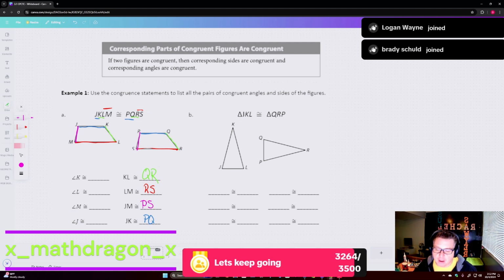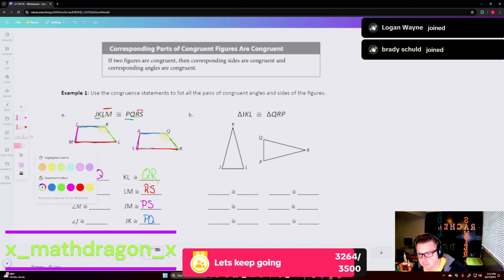All right. Now, relatively the same if we're talking about angles. If I talk about angle K, I'm talking about angle Q. If I talk about angle M, I'm talking about angle S. So I should put the angle symbol there. And we'll talk about J is the same as P. And then angle L. Oop, that's why I don't have the highlighter.